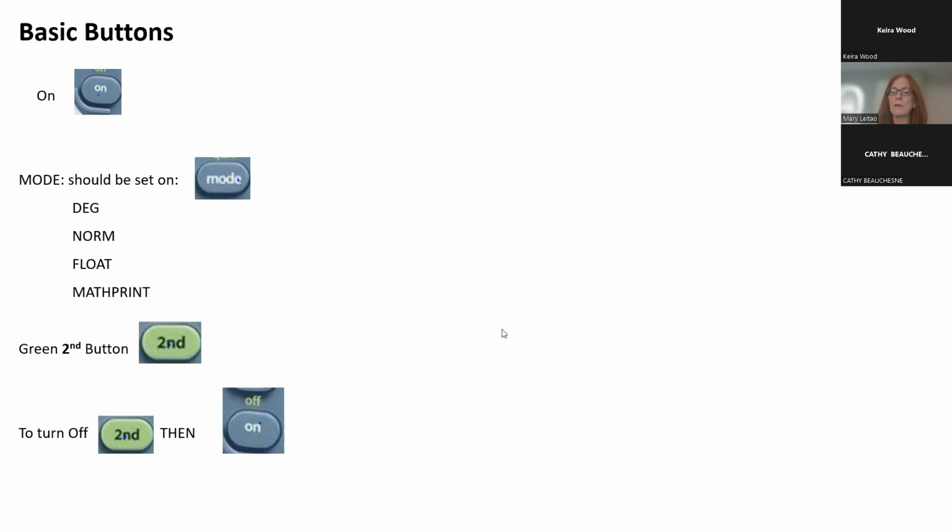First, press the second key, and then the key that has the green operation above it. So for instance, to turn the calculator off, I have to press second, and then the on button, if you can see at the very bottom, the off is in green. So that shuts the calculator off. I'm going to turn it on again. Okay, so now we're back in action.